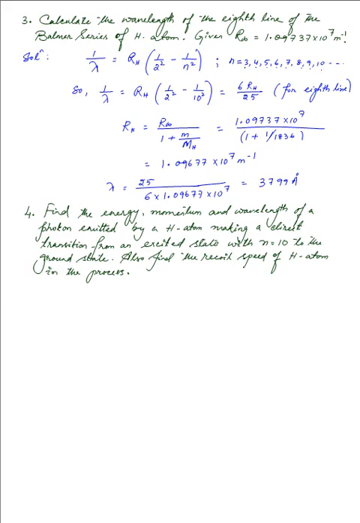We have the expression for energy of the hydrogen atom, which is as follows. So from that, if we put the values of RH and h and c, which are all constants of course, we get the value as 13.5 electron volts.